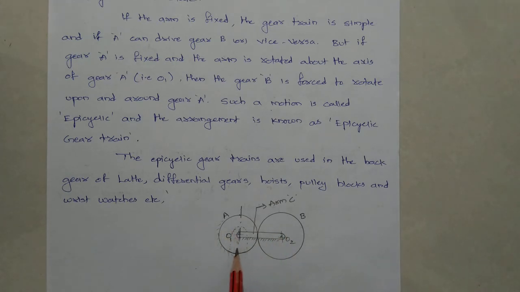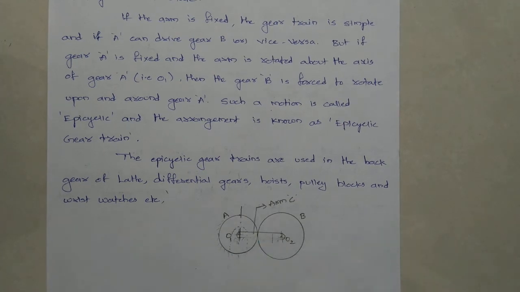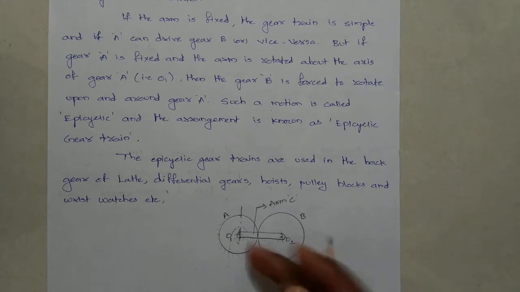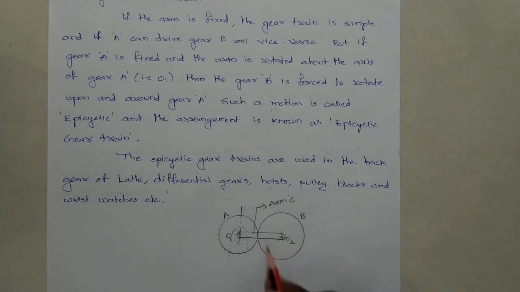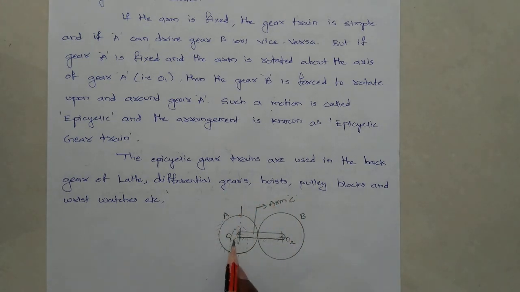As gear A is fixed, it cannot rotate, and here the lever is free. So whenever this gear B rotates, what happens now? Gear B rotates, and in addition to that, it will also revolve around gear A, where O1 O2 of arm C will also have rotation. Such kind of arrangement is known as an epicyclic gear train, right?